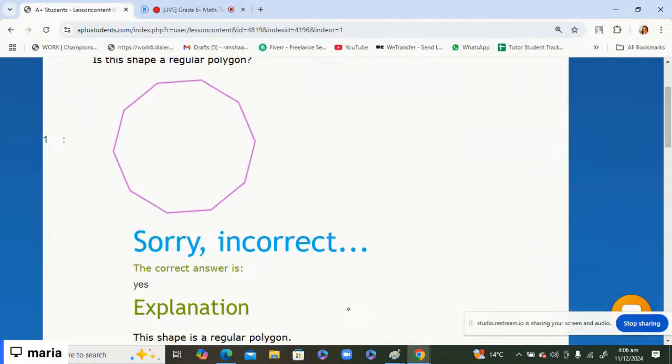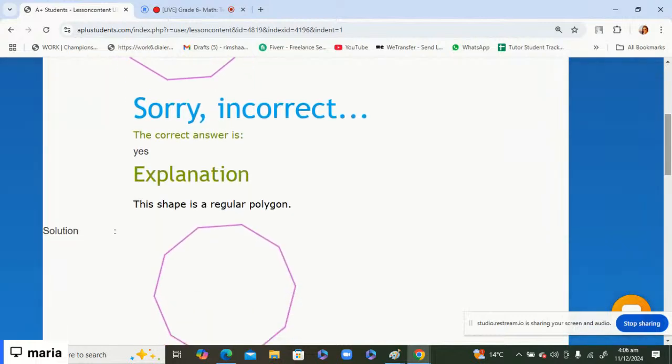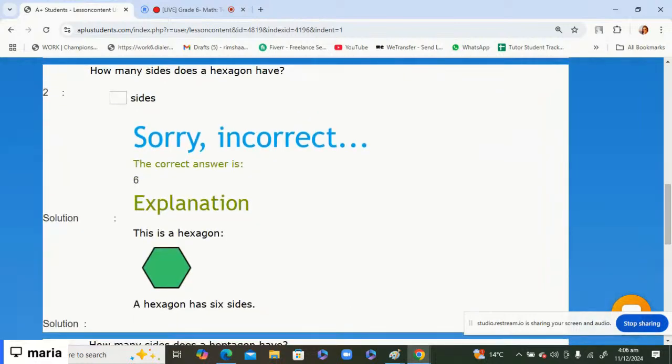So this is a regular polygon. Yes, look at the sides: 1 2 3 4 5 6 7 8 9 and 10. If there are 10 sides, it means that it's a decagon. This is one type of polygon shape. Now, how many sides does a hexagon have?